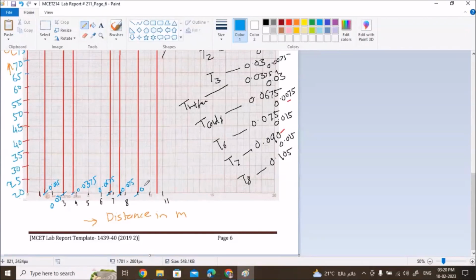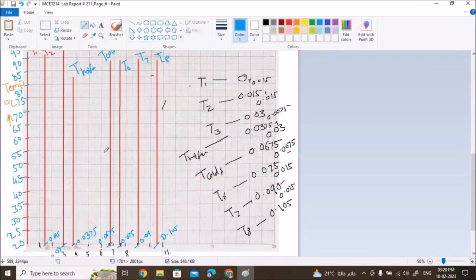This is 0.09, and last is 0.105. Okay, now let us plot the temperature T1, T2, T3.